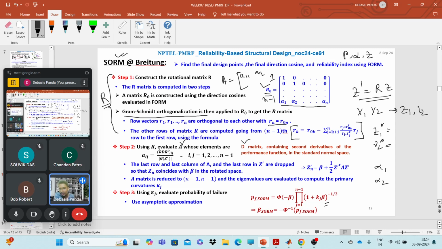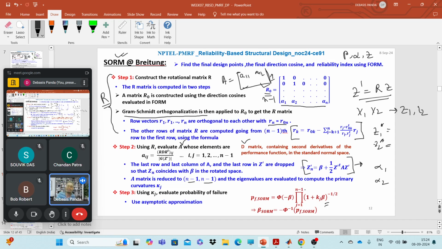So once we have A, within that A, D already sits there. That means the information about the principal curvature is already incorporated here. Now what will we do? Remember, this was the final approximation for the second order reliability method. If we drop the last row and last column, that means the n-th row and n-th column of the A matrix, the remaining formula will get the shape of this equation.